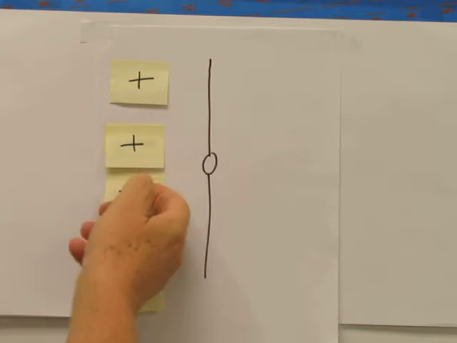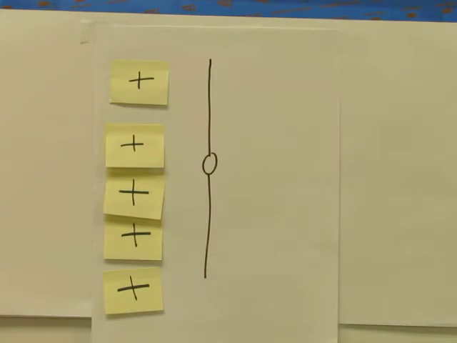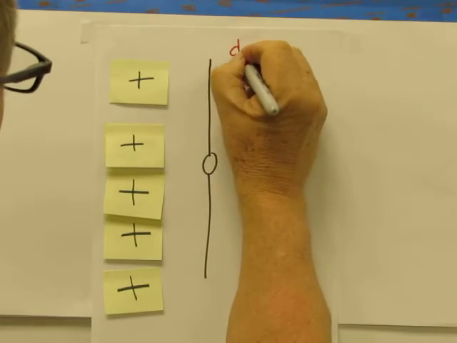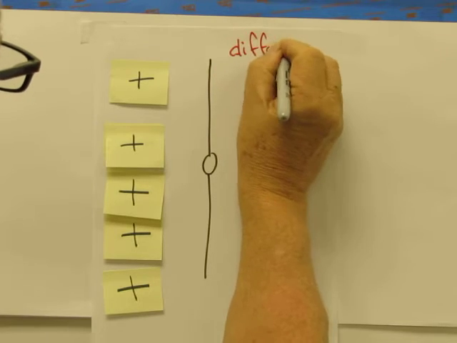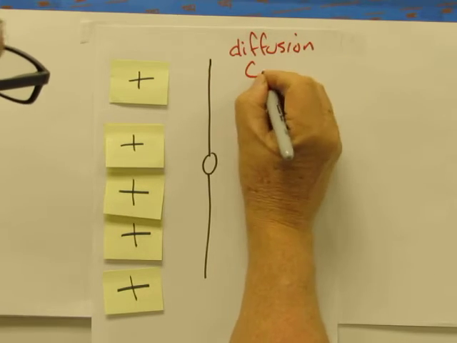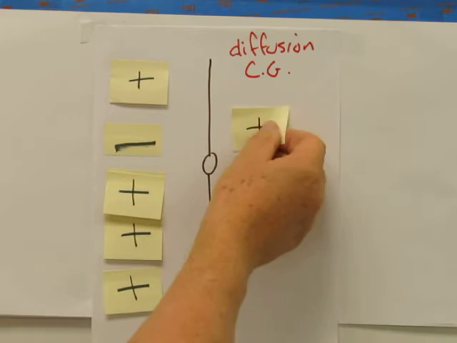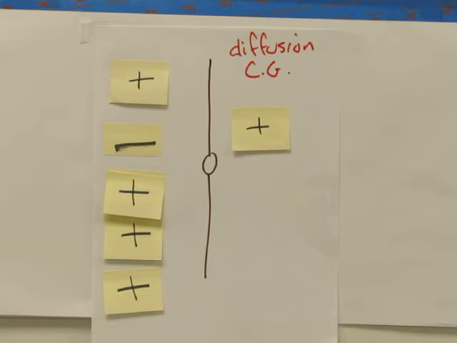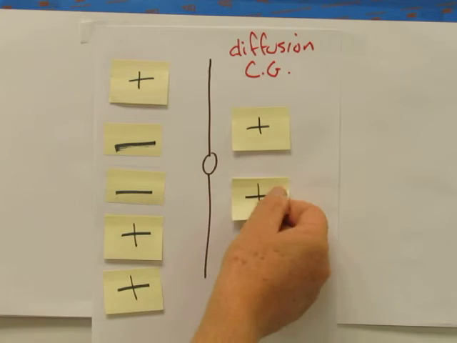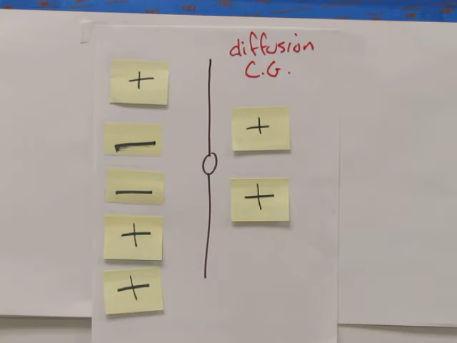And due to diffusion, due to the concentration gradient, these will start flowing through the gate into the other side. So you have a movement this way based on the concentration gradient.